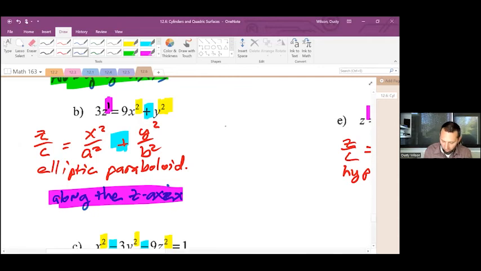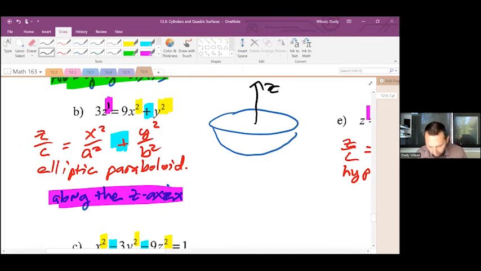And so we can draw our elliptic paraboloid, something like that. Add our z-axis. And we notice that this thing is going to go through the origin. So it'd be true when x equals 0, y equals 0, and z equals 0. So we know it goes right through the origin. Okay. And I'm not really worrying about which particular dimension is bigger, if it's wider or taller. I'm just trying to get that general shape.